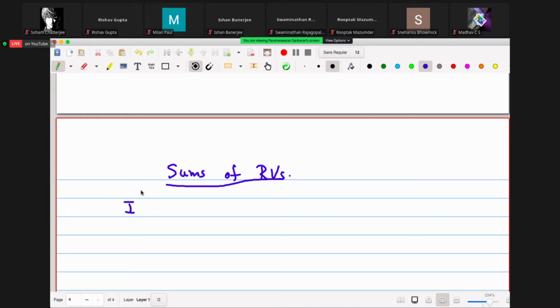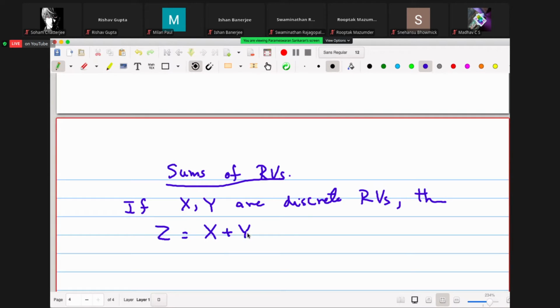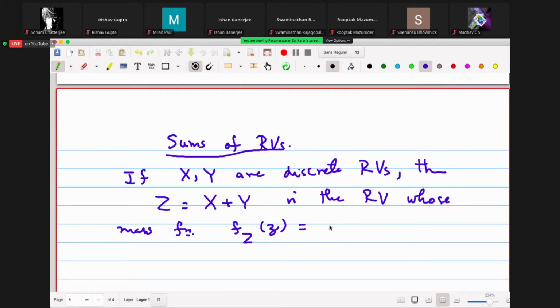If x and y are random variables, or discrete random variables, then z equal to x plus y is the random variable whose mass function f_Z(z) is the probability that x plus y equals z.